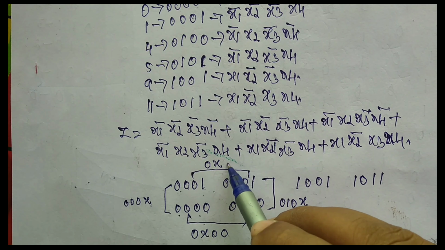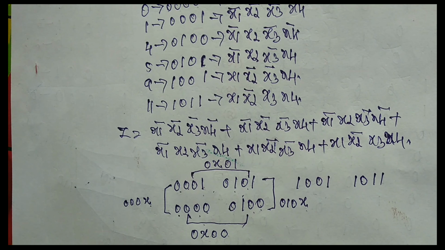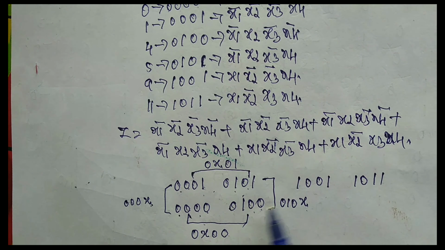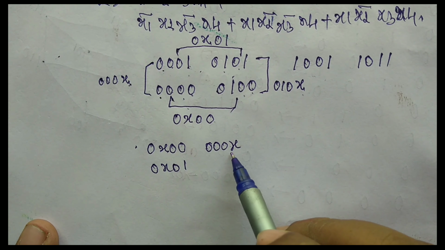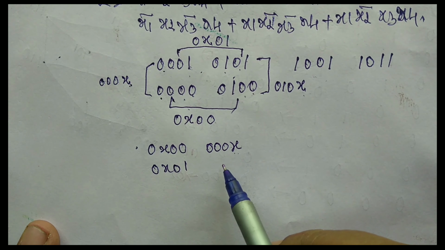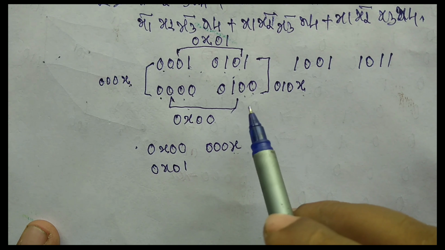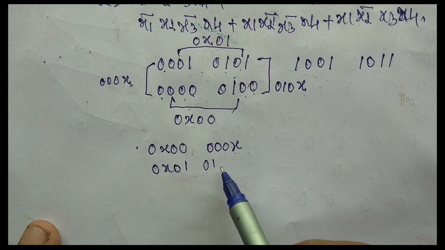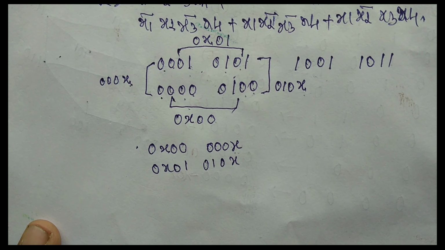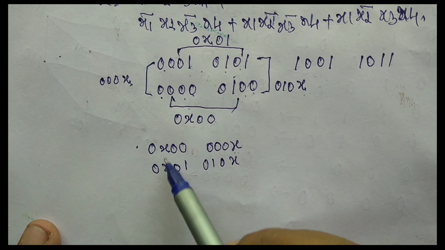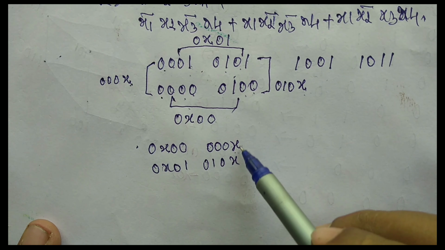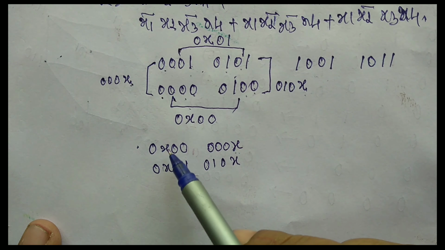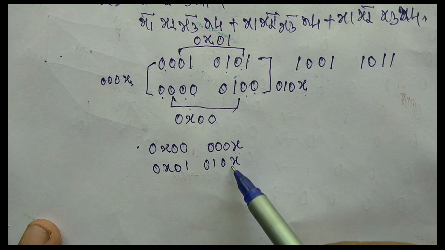Then 0, 1. So here last one, here middle one. So this 0, 0, 0, x, then 0, x, 0, 1, 0, x, 0, 1, 0, 1, 0, x, 0, 1, 0, x. So that means here these two second coordinate is x, these two last coordinate is x. That means x2 is x and x4 is x.